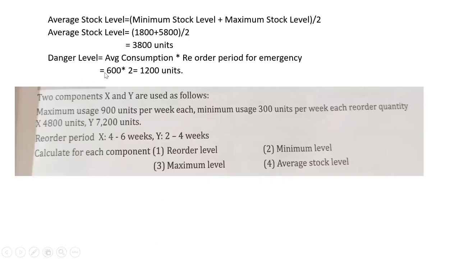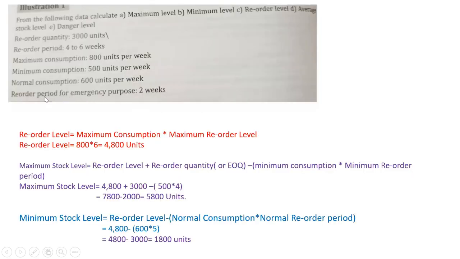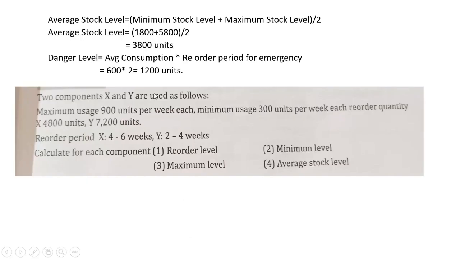If they mention normal, consider the same thing. If they haven't mentioned it, then calculate the average consumption and consider that one. So 600 they have mentioned, into reorder period for emergency purpose, which is 2 weeks. So that into 2, you will get the danger level.